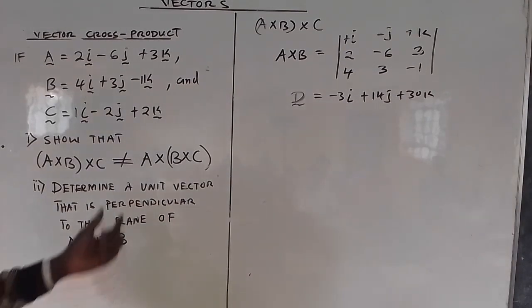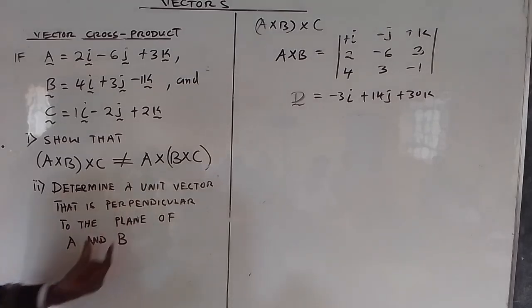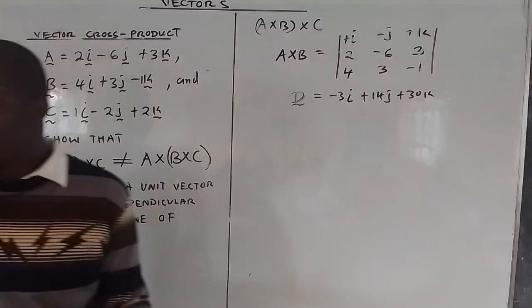When you are looking for a unit vector that is perpendicular to the plane of A and B, it is the vector cross product.